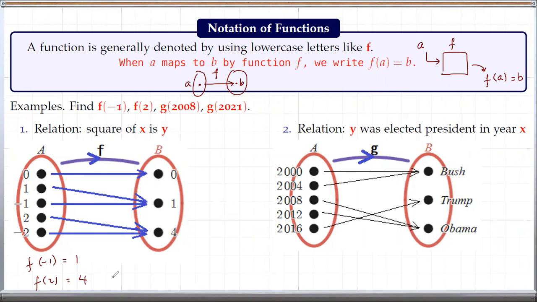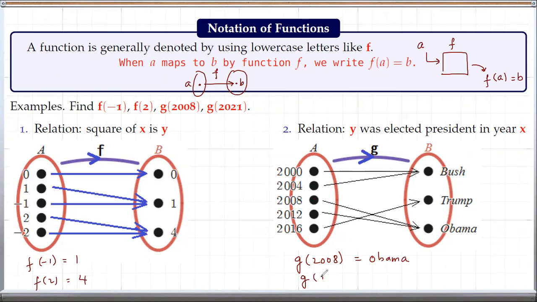So f of 2 is 4. Next, it says g of 2008. Now the function g is over here. So g of 2008 would be the person who was elected in that election year. So 2008 is being mapped to Obama. So g of 2008 is Obama.